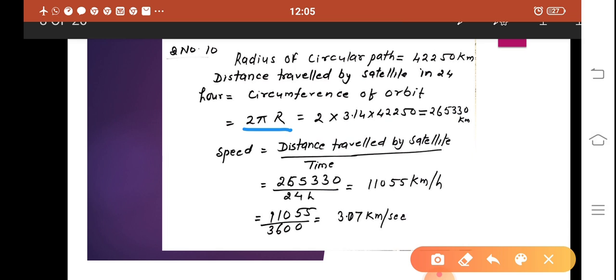So it will be 2,65,330 divided by 24 hours. So it will become 11,055 km per hour, or you can divide by 3,600, because in 1 hour there are 3,600 seconds. So it will be 3.07 km per second. Both the answers are correct.